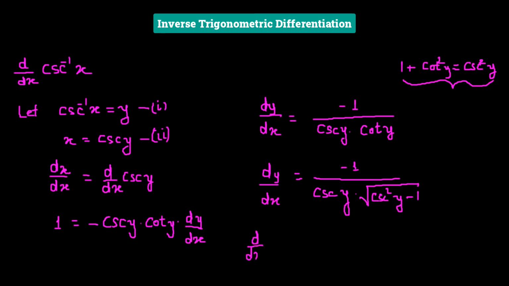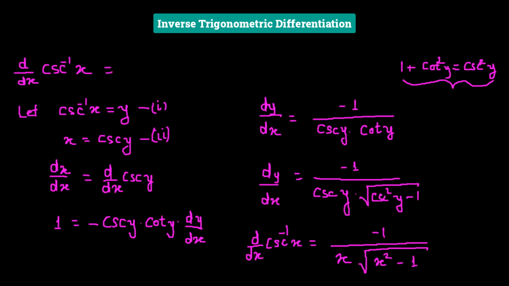So the derivative of cosecant inverse of x will be equal to -1 divided by, in the denominator we have cosecant of y, which is equal to x, given by equation number 2. So let's substitute with x and multiply it by the square root of cosecant squared y, so that will be x squared minus 1.